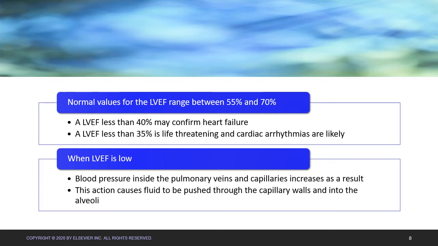When the left ventricular ejection fraction is low, blood pressure inside the pulmonary veins and capillaries increases as a result. This action causes fluid to be pushed through the capillary walls and into the alveoli.